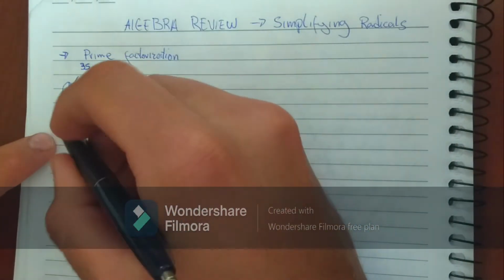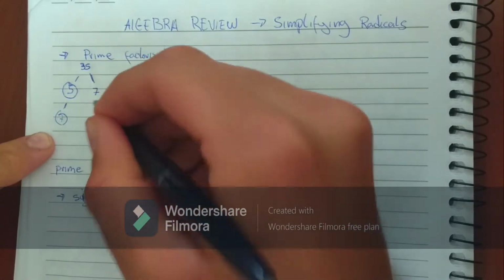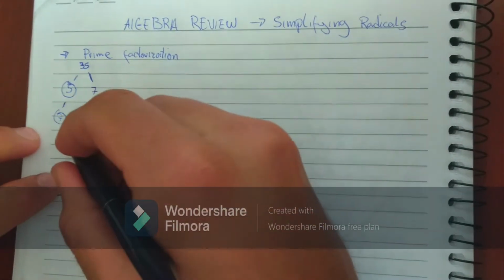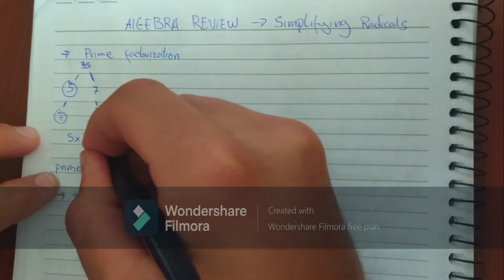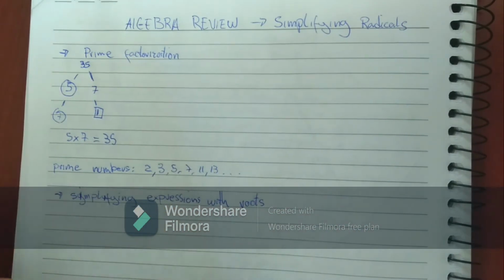So we divide 7 by 7 and we get 1. When we reach 1, that is our end. So 5 times 7, 5 a prime number, 7 a prime number, 5 times 7 equals 35. So this is prime factorization. We find the prime numbers that multiply to get our initial value.